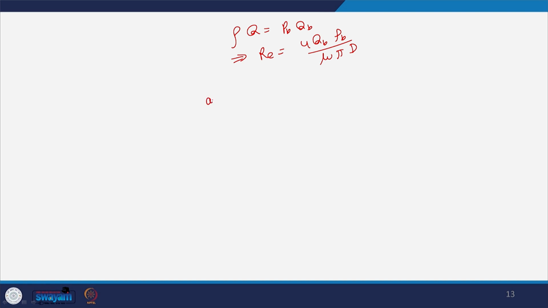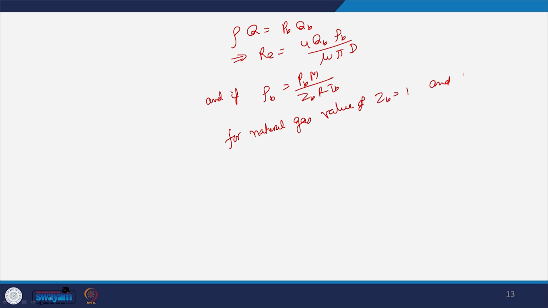Now if rho b is equal to Pb m upon Zb R Tb, for natural gas, the value of Zb is equal to 1 and m is equal to 29 G. So Re is equal to 4 Qb 29 G Pb upon mu pi d R Tb.